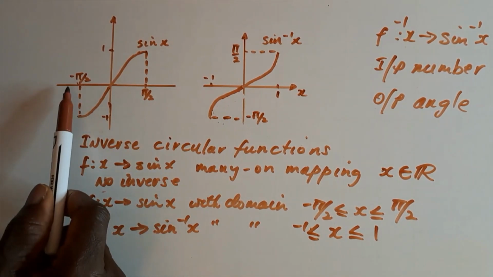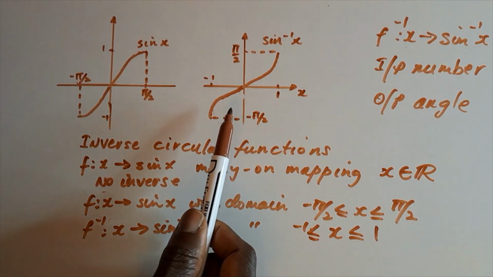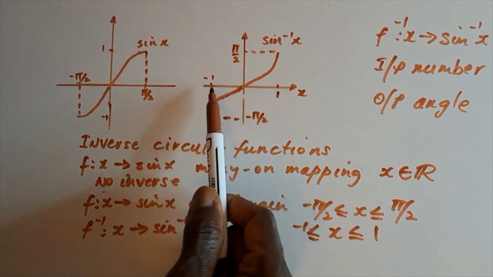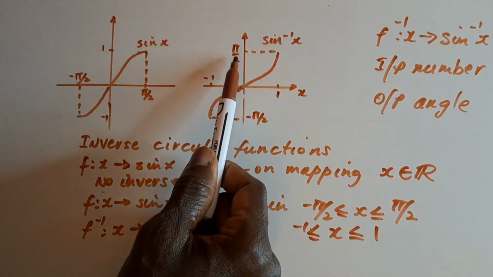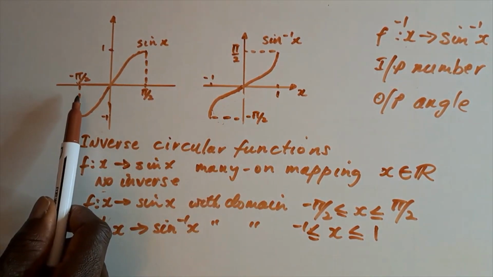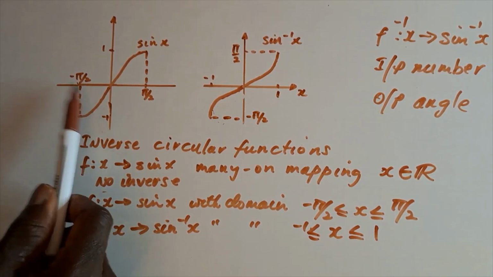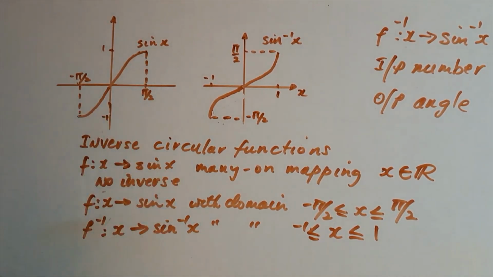So as you can see here, that's our sine x, and the inverse here, we have inputs as a number along the x axis and outputs as an angle. And for sine x, mapping of x to sine x, we have an input here of an angle with an output sine x as a number.